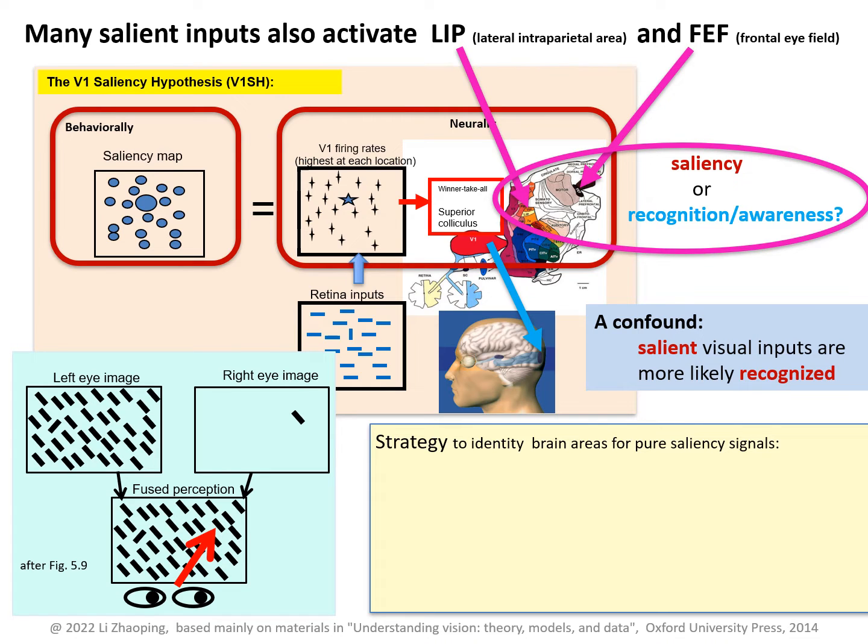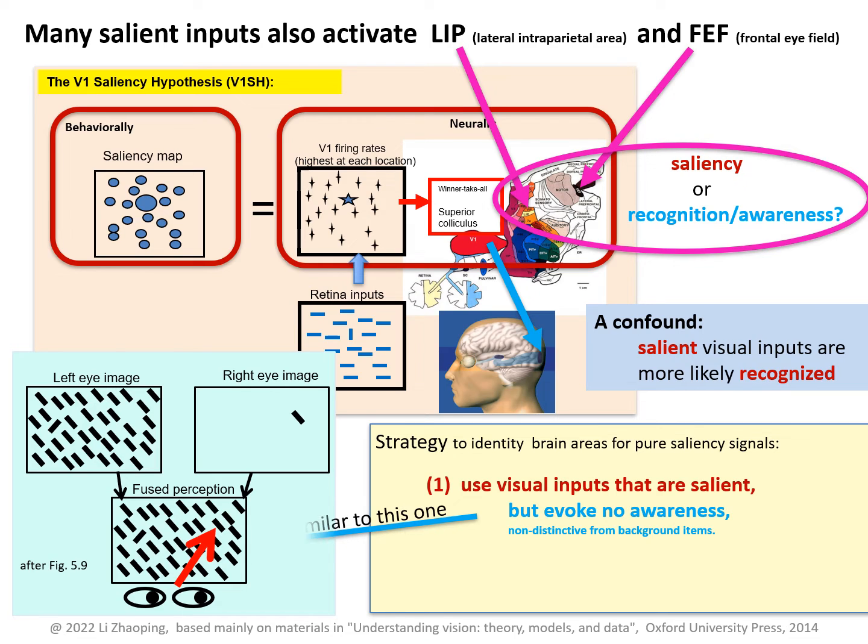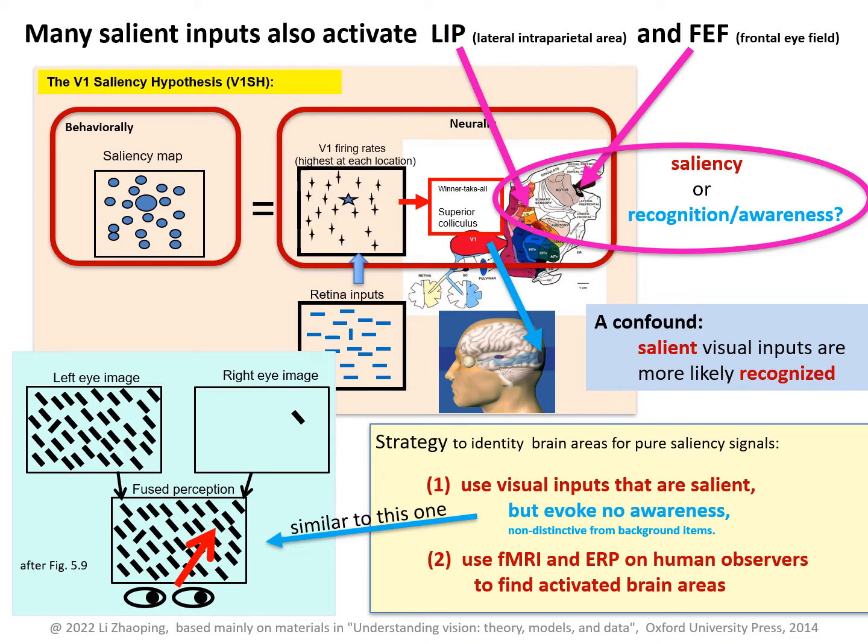We can use visual inputs that are salient, but human observers cannot distinguish them from background items. And we can use functional magnetic resonance imaging and event-related EEG potentials during human visual behavior to see which brain areas are activated by such pure saliency signals.